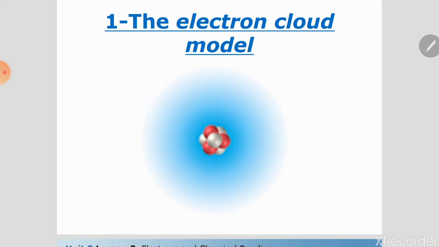The nucleus includes protons and neutrons, while the electrons are moving in a cloud very quickly, so that they can't be identified, where they are located, or what is the speed or the location of the electron. So they decided that they are moving in an electron cloud.